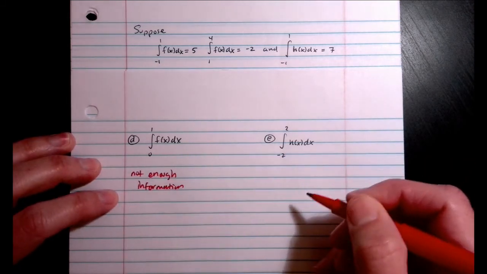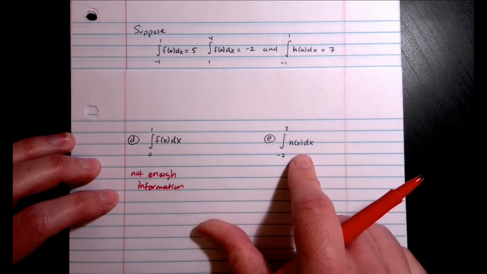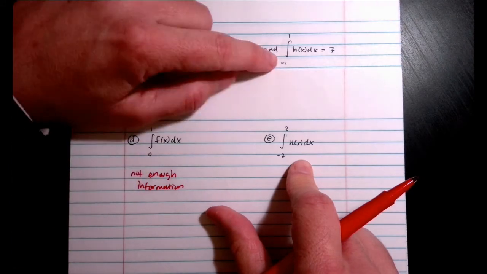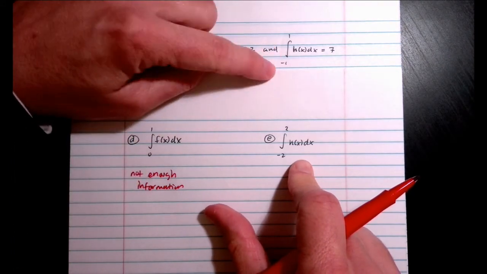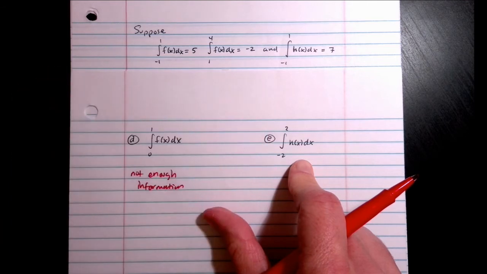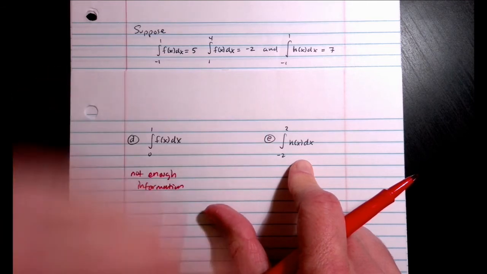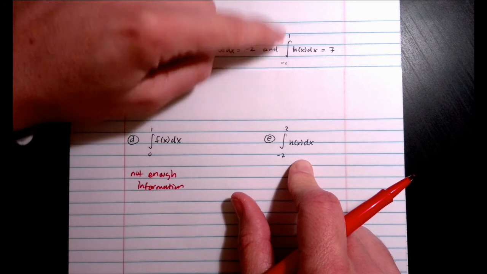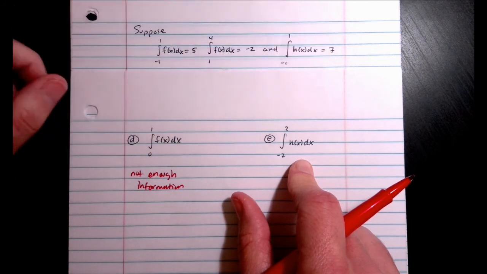Alright, let's look at the next one. The integral of h of x dx from negative 2 to 2. Well, this is what I know about h of x. I know from negative 1 to 1, it's 7. Notice the bounds changed from negative 2 to 2. Well, I don't know anything about anything with 2 or negative 2. You may be thinking, well, why can't we just double the bounds, thus doubling the area?